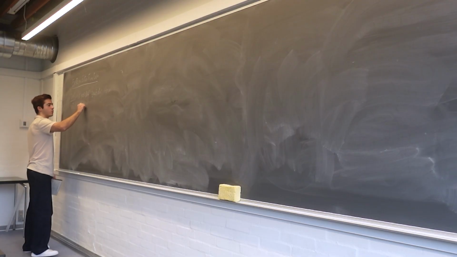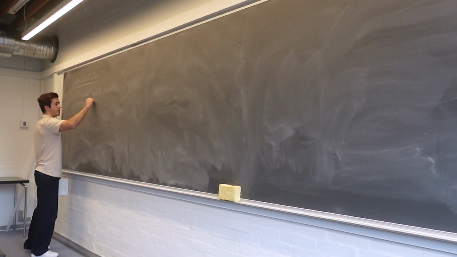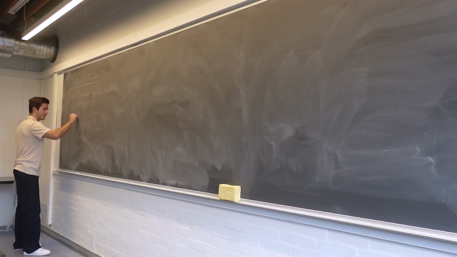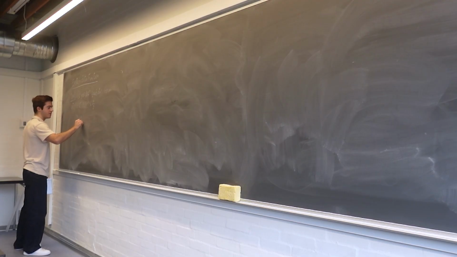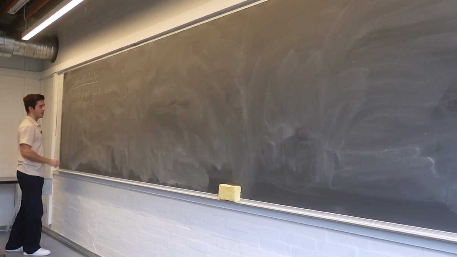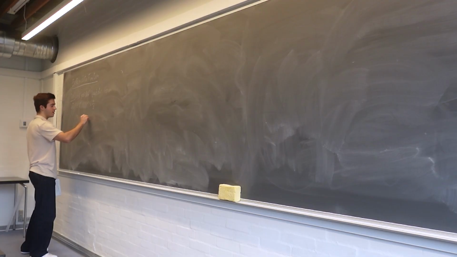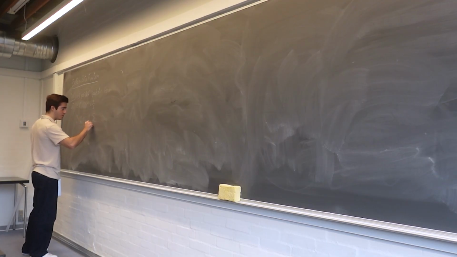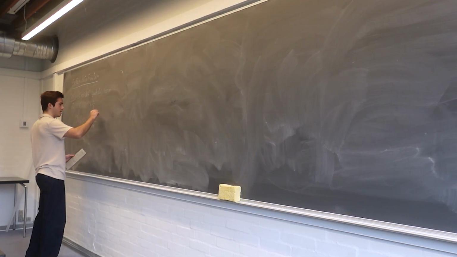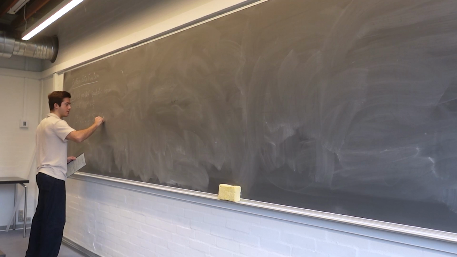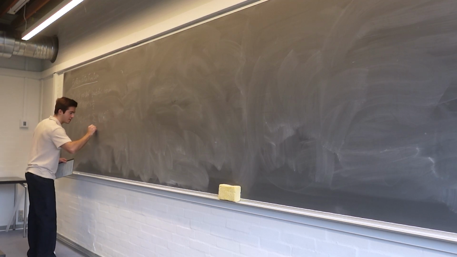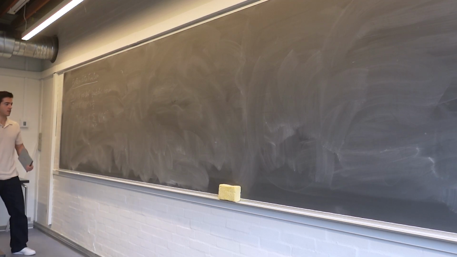For a complex number s with real part bigger than n over 2, we define the Epstein zeta function associated with this quadratic form to be 1/2 times the sum over all non-zero points in the lattice Z^n.